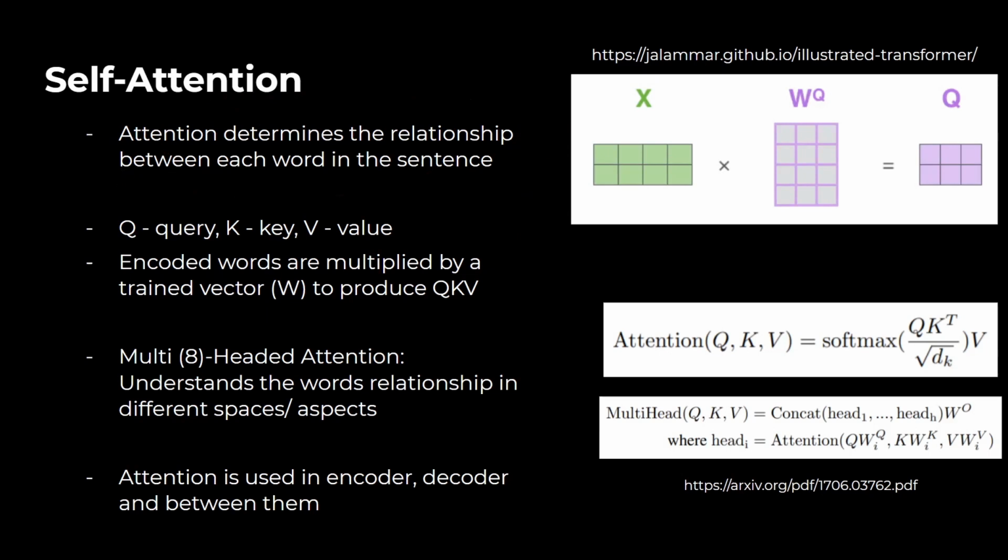For example, if we're talking about a bank, if you don't understand the other words in the same sentence, you don't know if I'm referring to the institution that helps you store money, or the geographical feature close to an ocean. So if you have, say, money in the same sentence as bank, then you would probably think that bank is referring to the financial institution. And that's what self-attention helps with in the model.